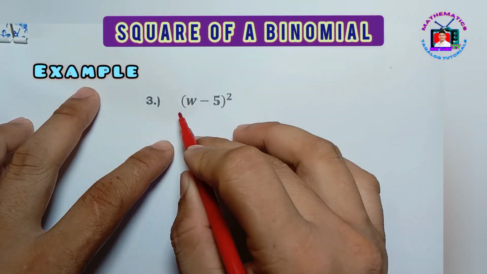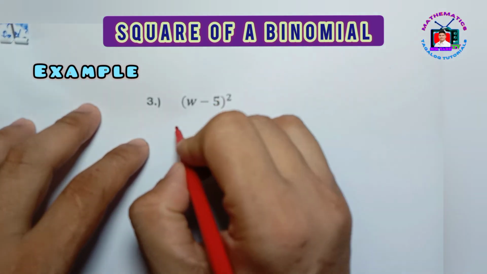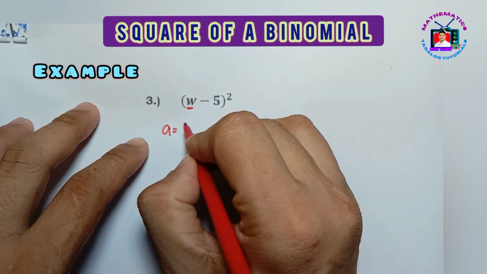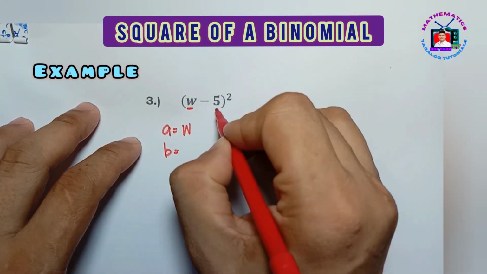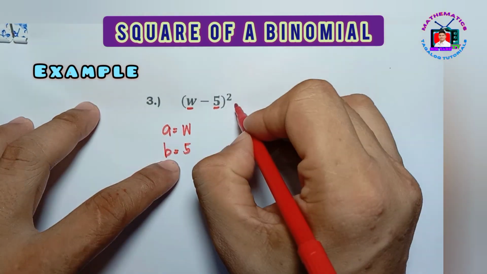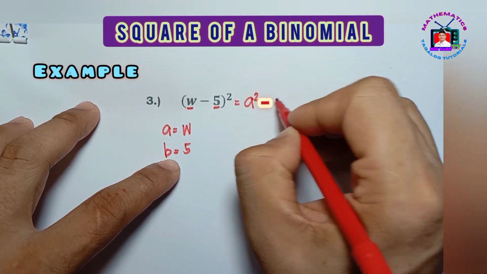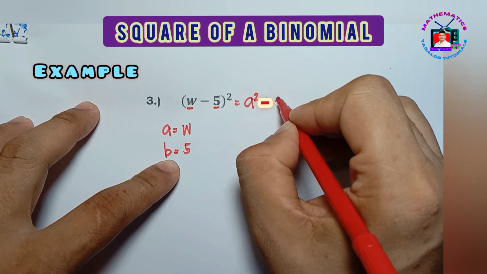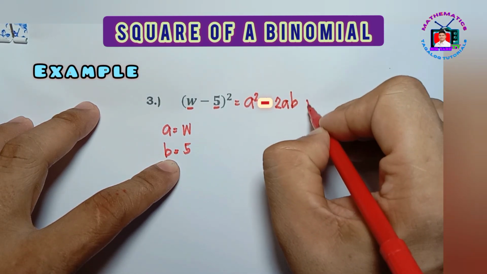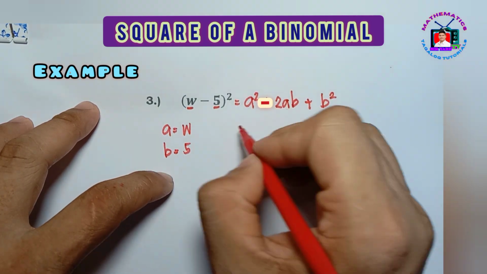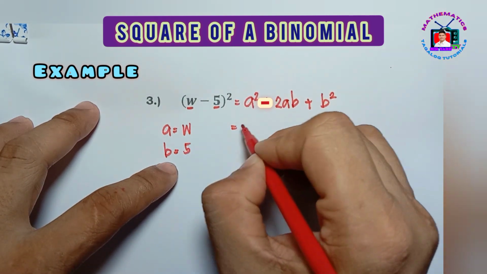Now let's proceed to example number 3. We have minus: w minus 5. Our a is w and our b is 5. So our formula is a squared minus, since the binomial is minus, 2ab plus b squared. Okay, it's easy, we just follow the formula.